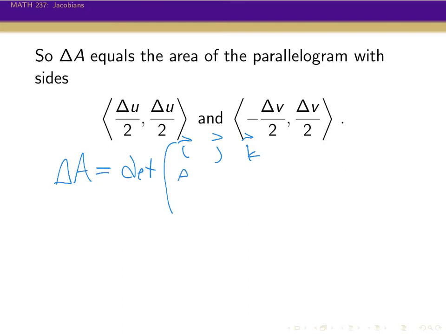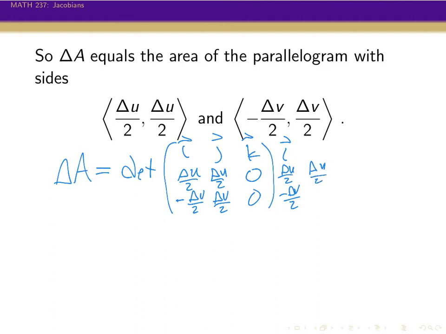And so this would be delta u over 2, delta u over 2, 0, minus delta v over 2, delta v over 2, 0. When we multiply these out, we get delta u over 2 times delta v over 2. There's my k's. That's my j. We want the absolute value of this.